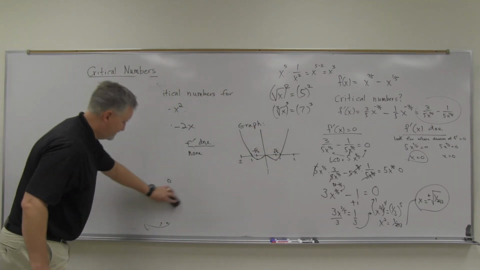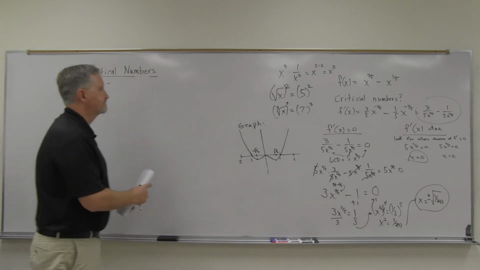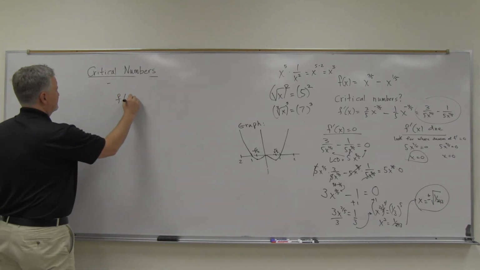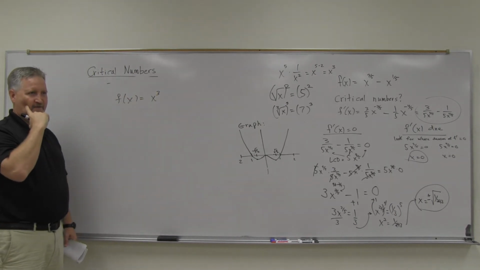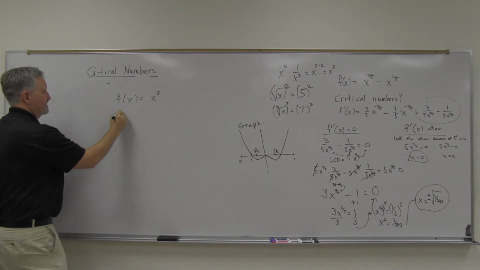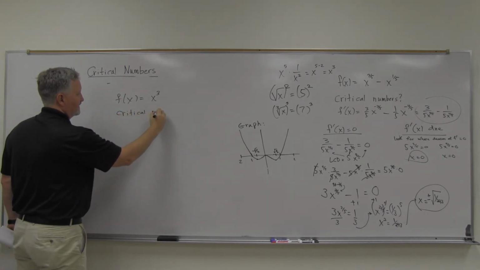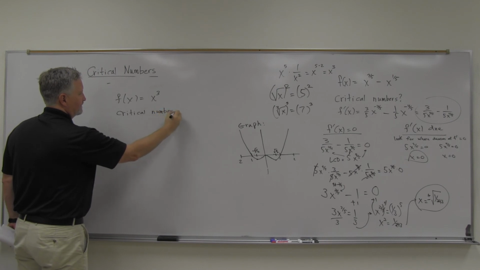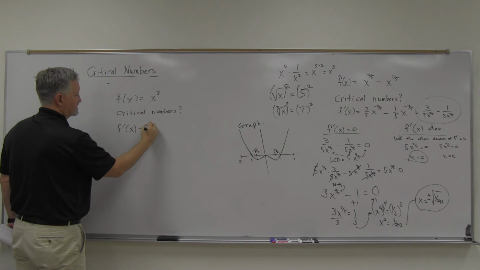Here's a good example of that. f of x is a very simple one: f of x equals x cubed. What are the critical numbers there? Well, there's just one.